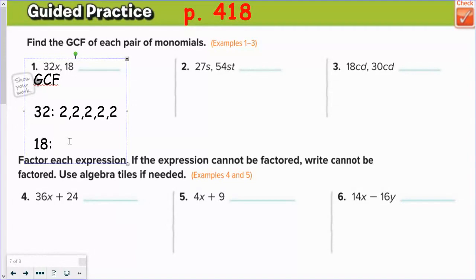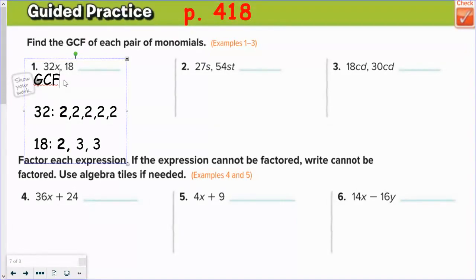Okay, what about 18? What numbers do you multiply? Well, we multiply a 2 and a 9. So I'm going to break that 9 down some more into prime numbers. I'll break it down into 3 times 3. Okay, the only number they have in common is 2.